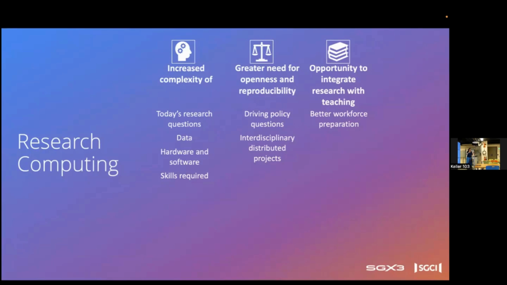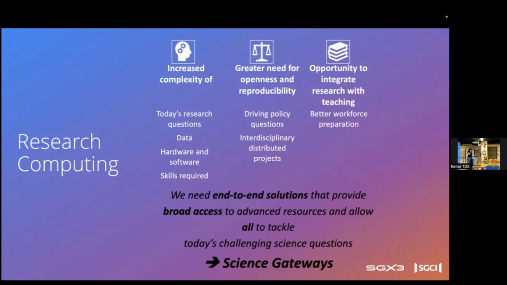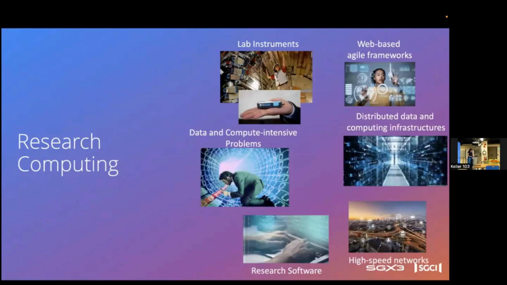It's not one researcher sitting alone in a room trying to solve a theory. Normally we have very interdisciplinary projects, and we want the opportunity to integrate research with teaching and better workforce preparation. That is where you need end-to-end solutions, where people can work as teams together and have access to all these different resources and data. And that leads us to science gateways.